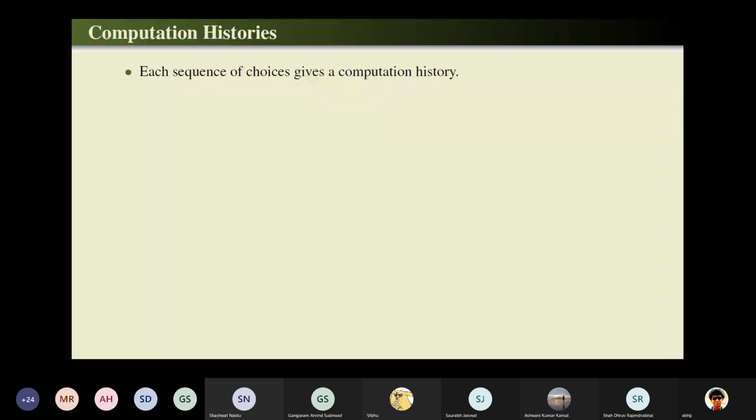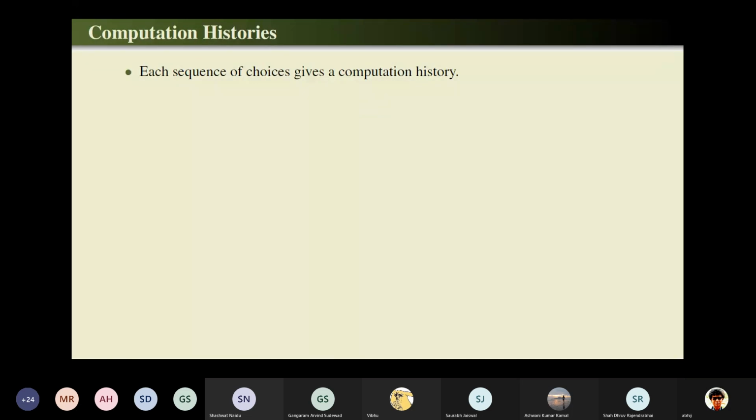Now, this is one important thing, computation history. The machine starts with an initial configuration. At that point of time, it has multiple choices, possibly. And then, for each such choice, there may again be multiple possibilities.